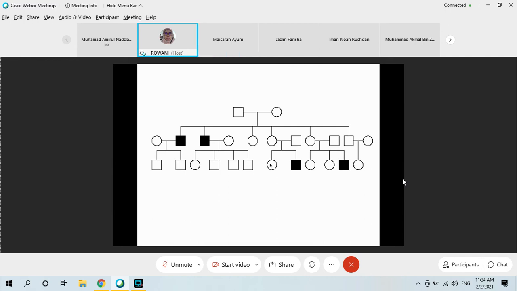I think from the mother. So it seems like the disease is transmitted from the mother to son, kan? And the mother is normal phenotypically, so the mother is likely to be a carrier. Kan? So what is the likely mode of inheritance?